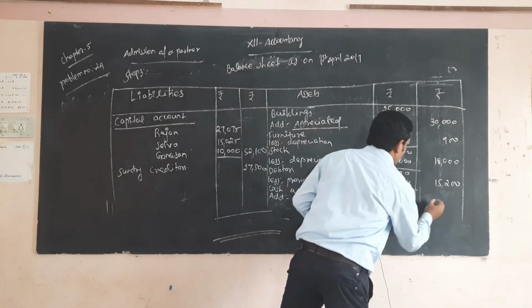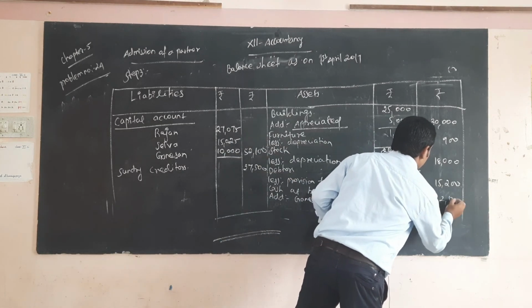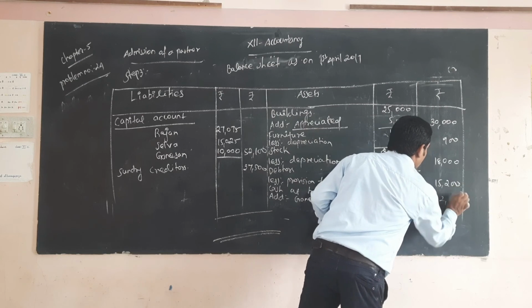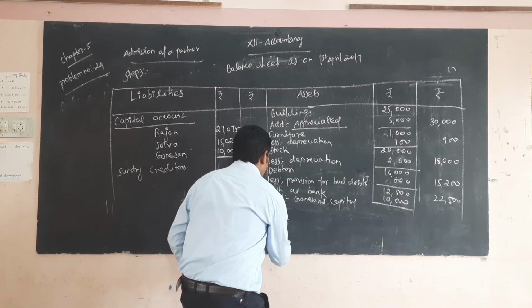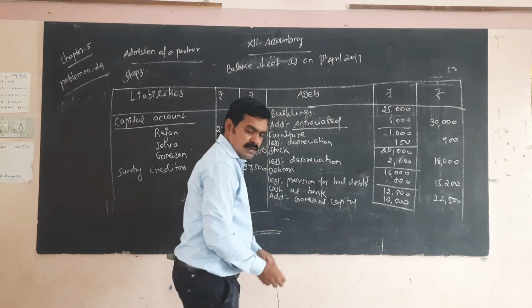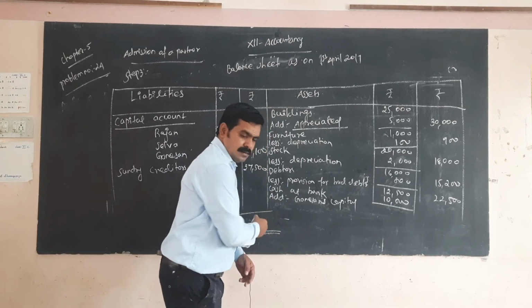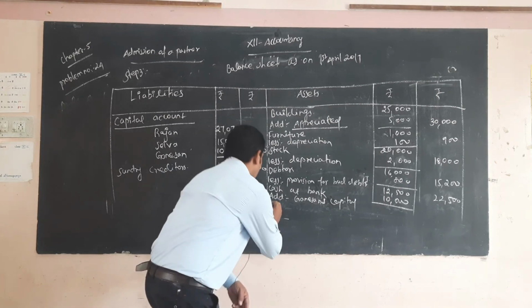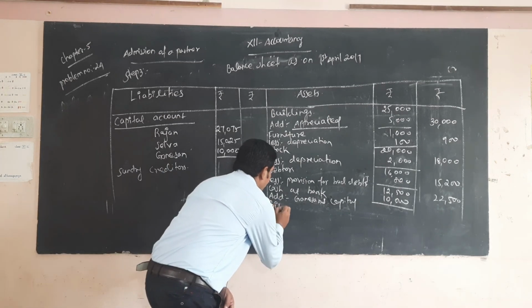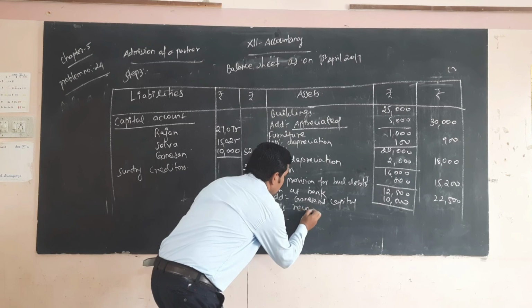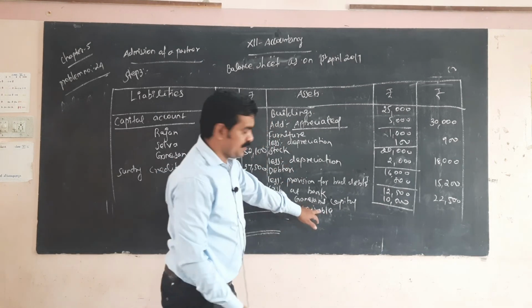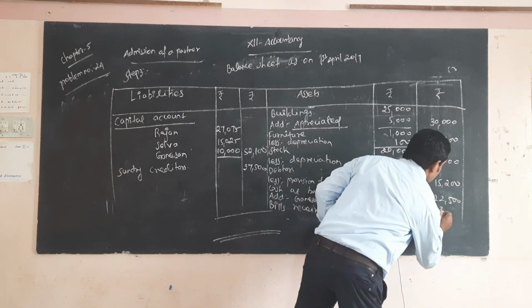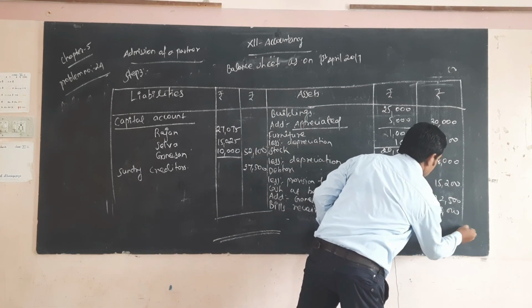So here 22,500. Last one, bills receivable, one of the assets. The amount is 3,000.